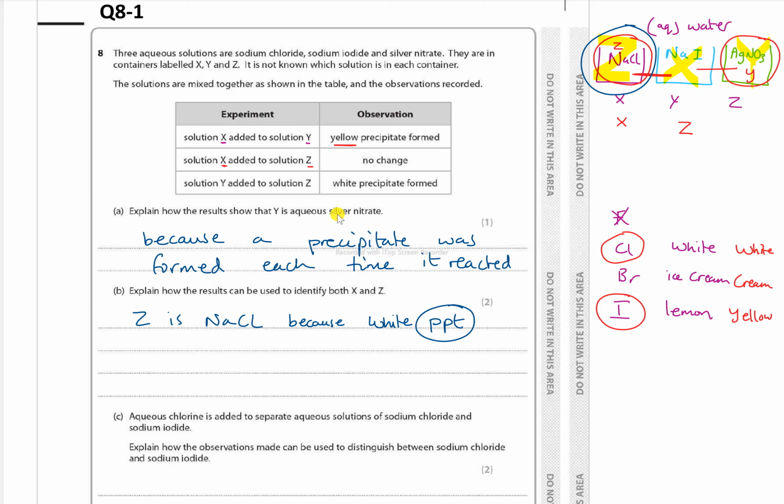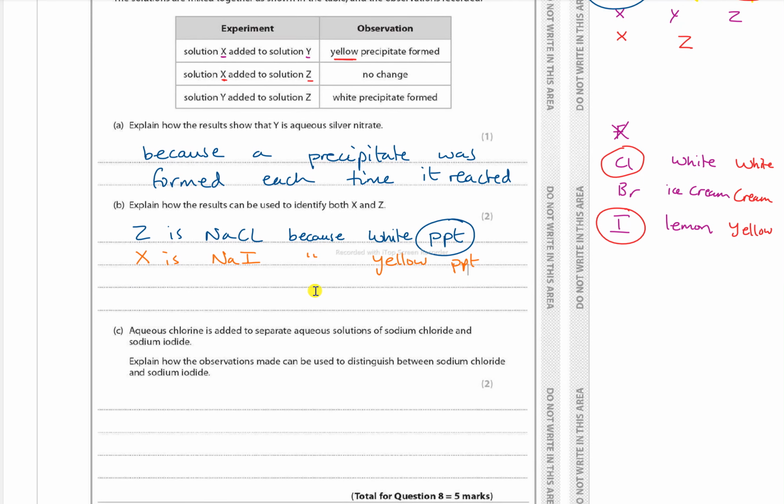I'm using not PowerPoint. That is short for precipitate. Now, what else is there? Okay, that's it. So if Z is sodium chloride, X is sodium iodide, because you ended up with a yellow precipitate.